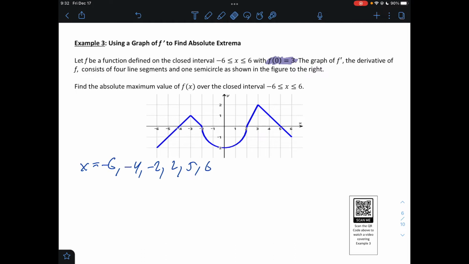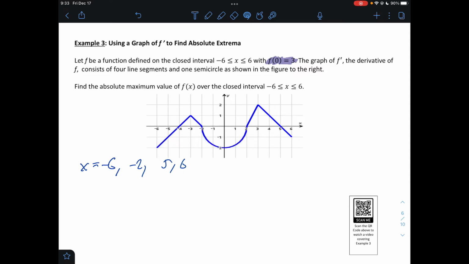Negative 4, the derivative is changing from negative to positive, so that's not an answer. And 2, the derivative is changing from negative to positive, so that's not our answer either. Those are possible minimums.